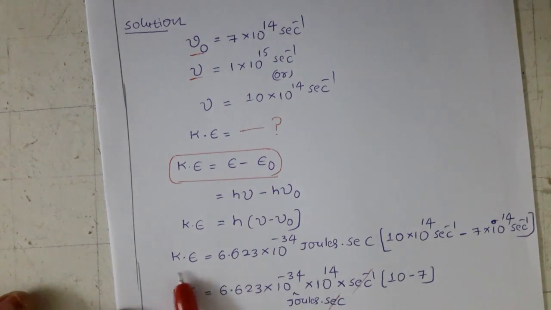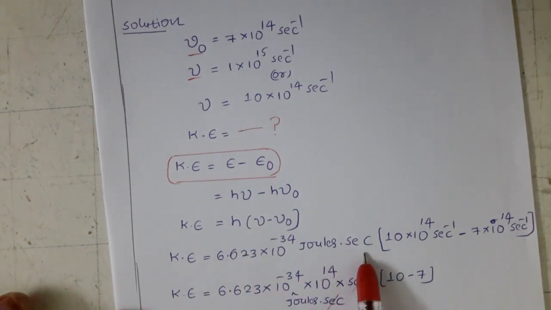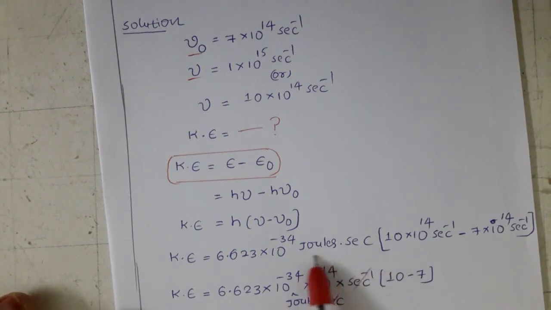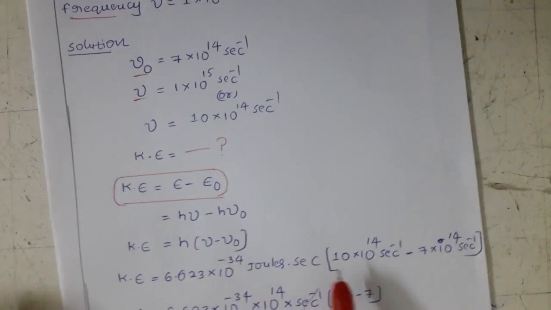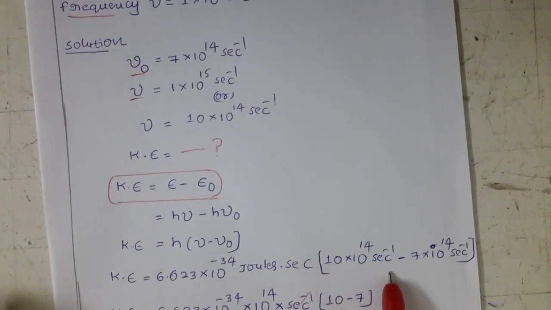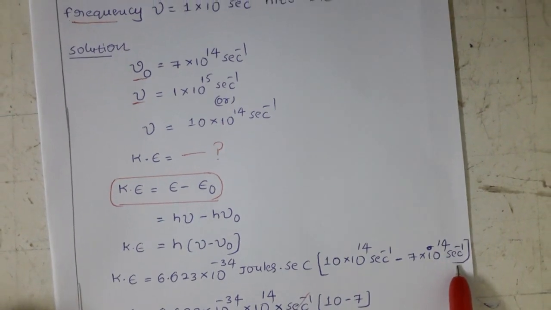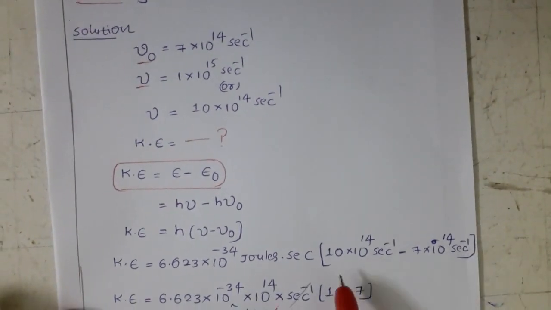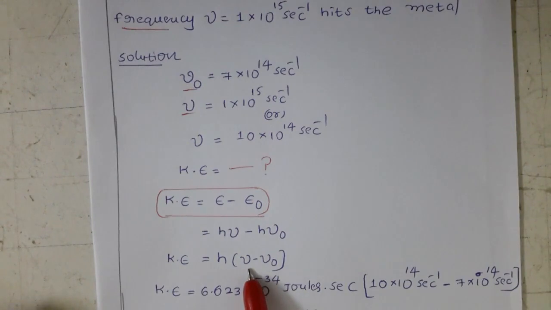Now substitute the values. Kinetic energy: the Planck constant in joule second, since we are taking MKS units. Frequency mu is 10 into 10 to the power of 14 second inverse, and mu naught is 7 into 10 to the power of 14 second inverse. The concept we discussed is that mu should be greater than mu naught.